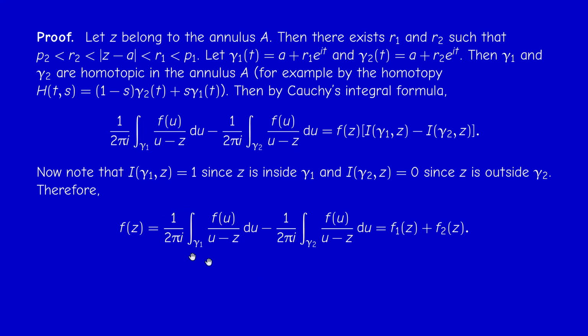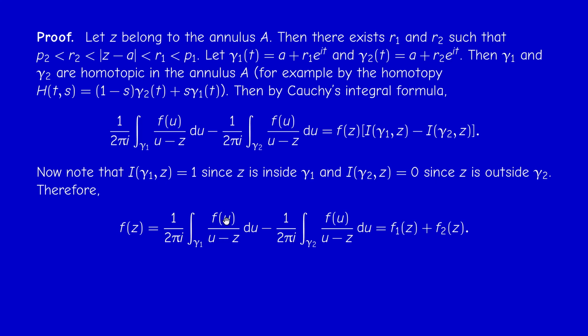I now call the first integral f1 of z, it's a function of z, and the second one I call f2. And we are almost done. We proved in chapter 2 a theorem on differentiation under the integral, I think theorem 2.5.